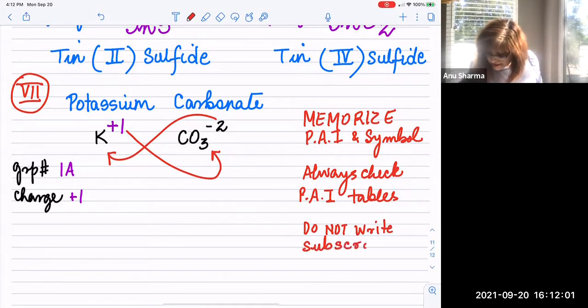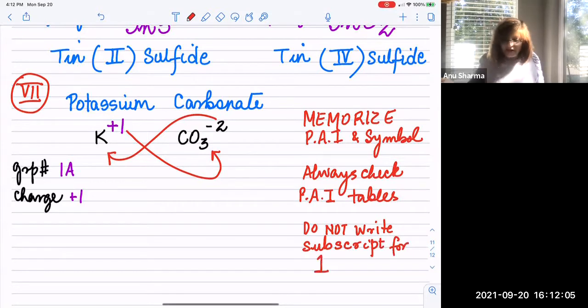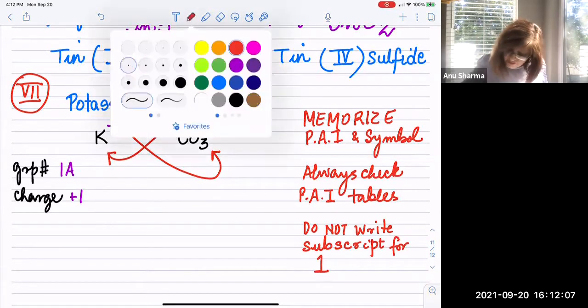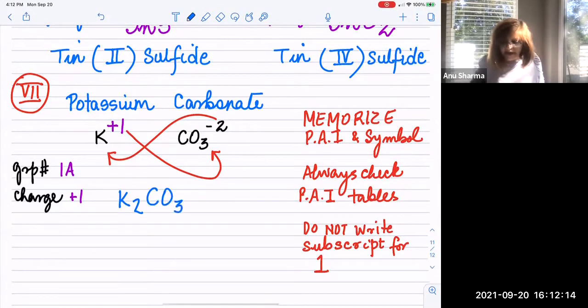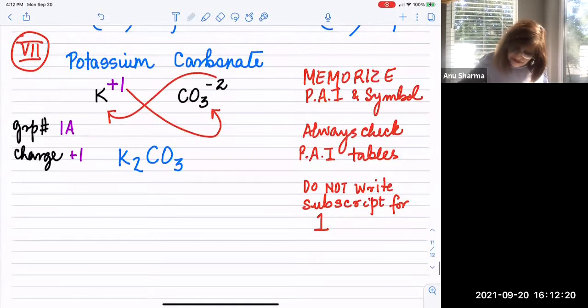Basically these are all subscripts. Leave it, ignore it. So what do you get then? The formula becomes K2CO3, and that's it. So the name is potassium carbonate and that's the formula. Okay, let's do another one.